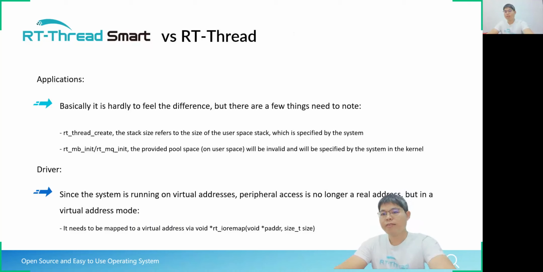So, what's the difference between RT-Thread RTOS and Smart?